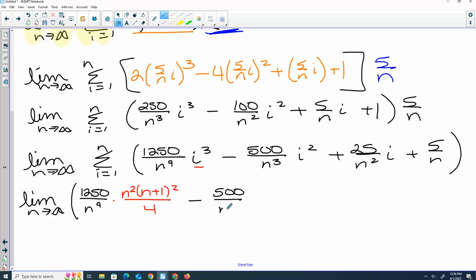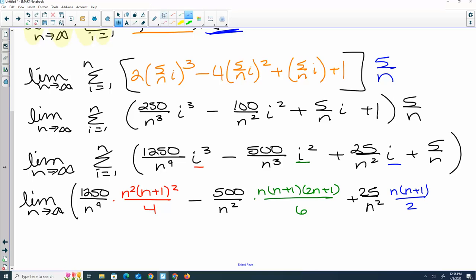Minus 500 over n cubed times my i squared formula, n times n plus 1 times 2n plus 1 over 6. Plus 25 over n squared, my i formula, n times n plus 1 over 2. Plus 5 over n, that's a constant, so it gets times n.